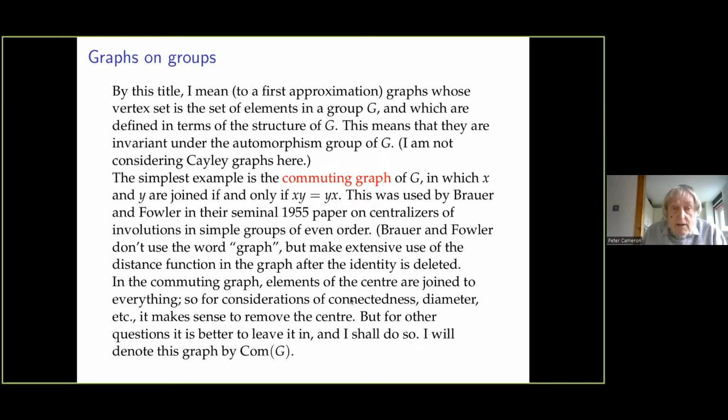Here, I'll leave the center in and take the whole of G to be the vertex set of the graph. And I'll call this commuting graph com of G, because there will be several other graphs coming up that need names as well. So that's the commuting graph.